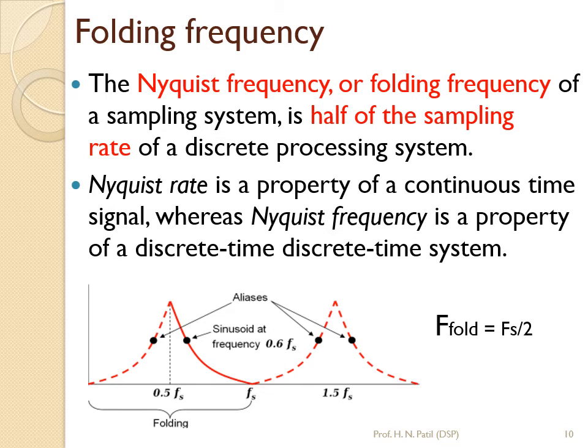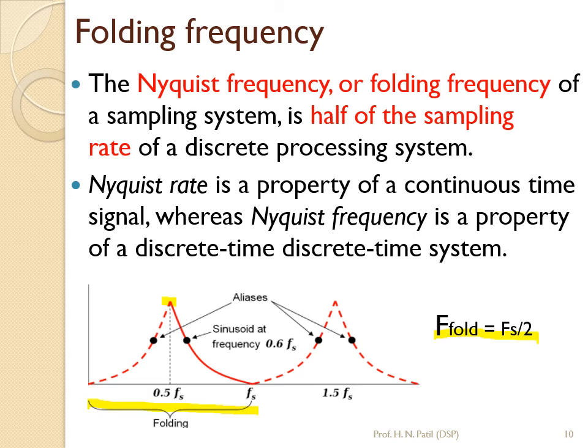In this figure, the portion from origin to Fs is called a folding. Here one fold has taken place, and exactly half of this fold, that means this peak, is called 0.5 Fs, that means half of Fs. So that frequency is called the folding frequency, which is equal to Fs divided by 2.